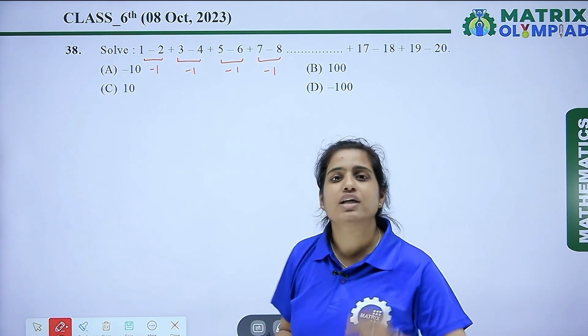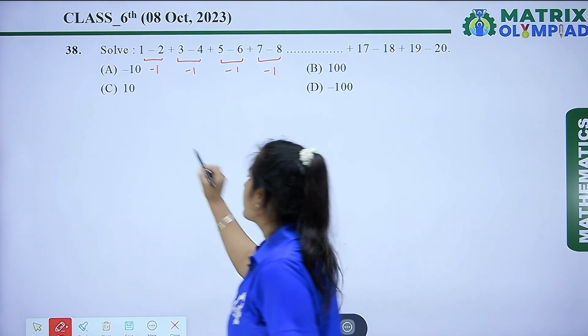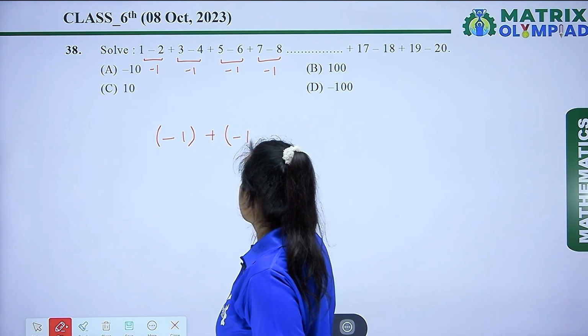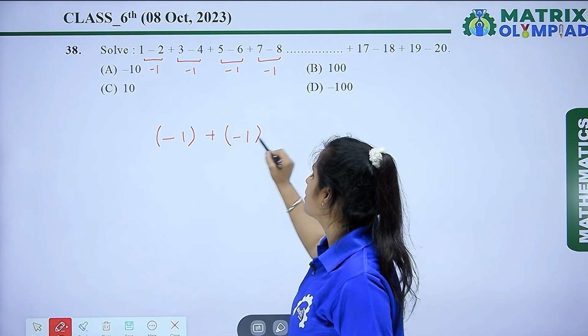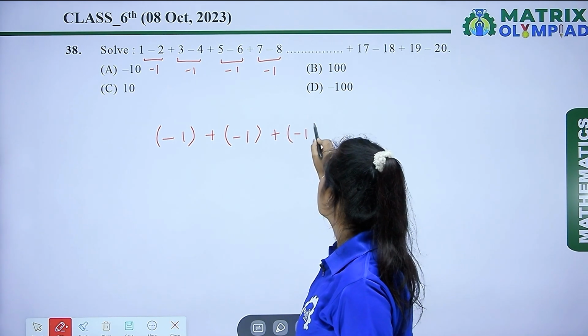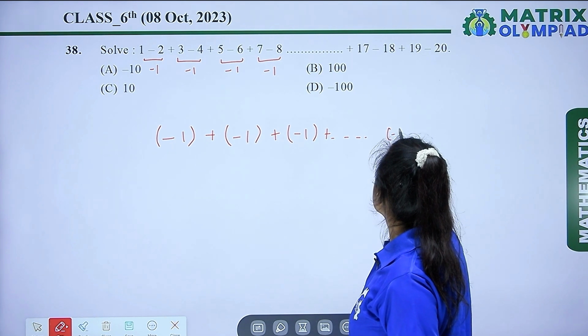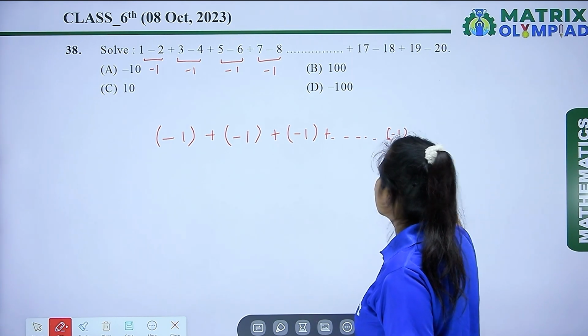इस तरह से आपके पास -1 करके रिपीटेडली नंबर आएंगे. सो -1 plus -1 plus -1 and so on, till -1. ये आएगा आपके पास 10 times.